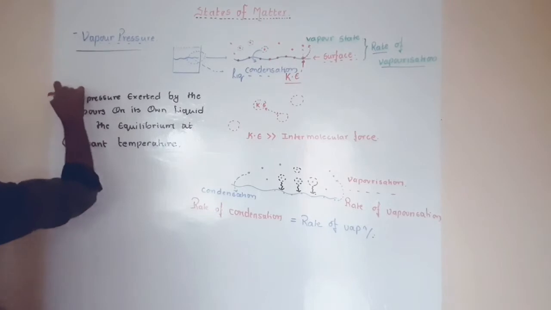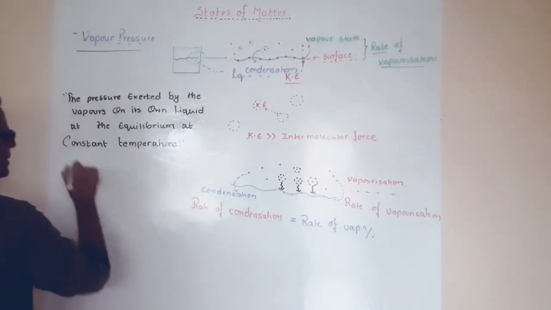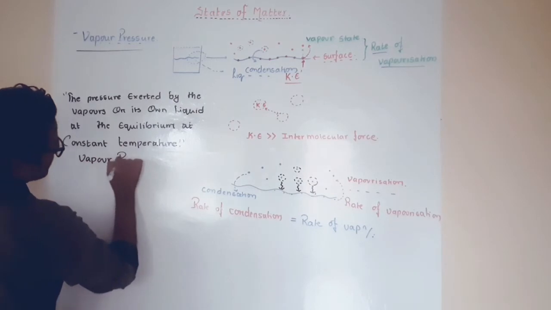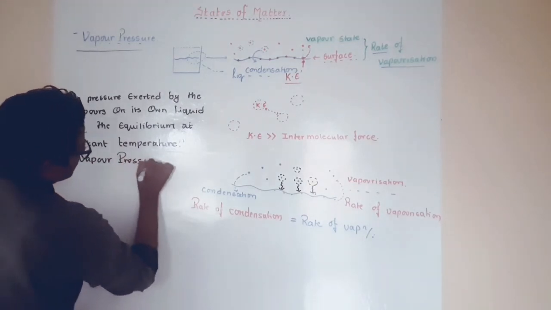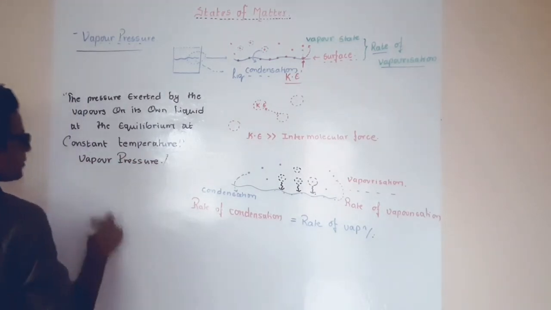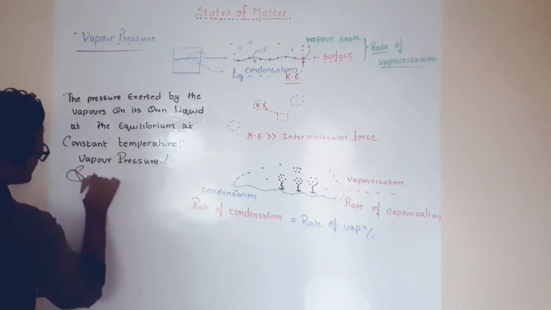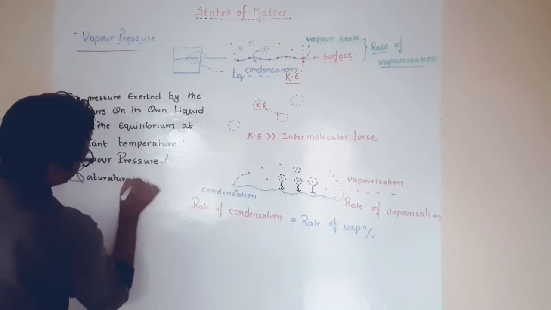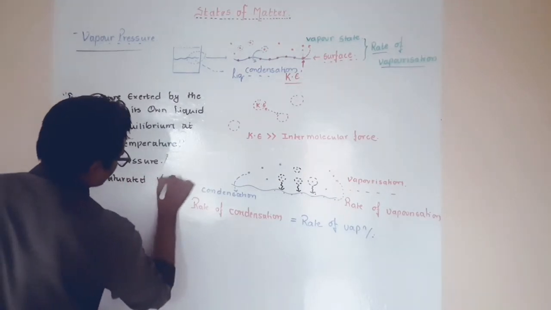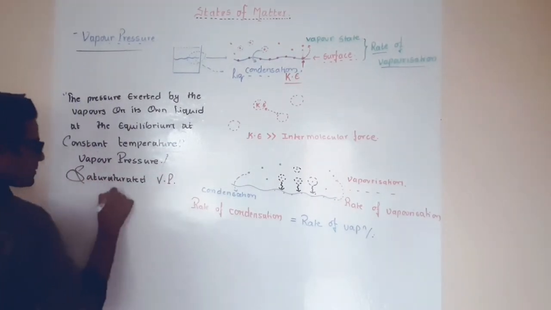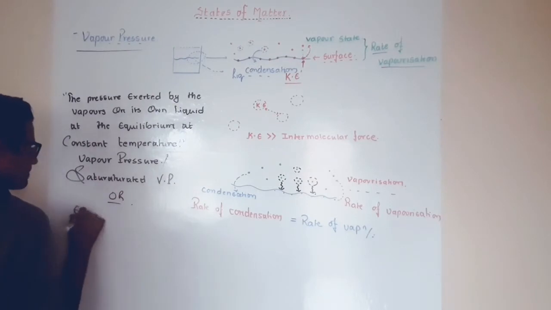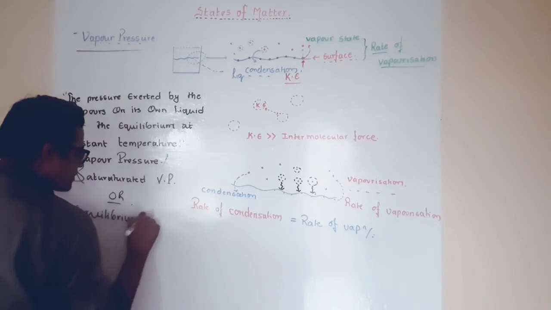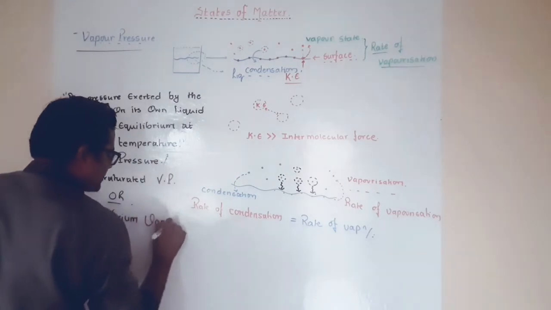Okay, at the constant temperature, it is called the vapor pressure, or we can also call it the saturated vapor pressure, or we can also call it the equilibrium vapor pressure.